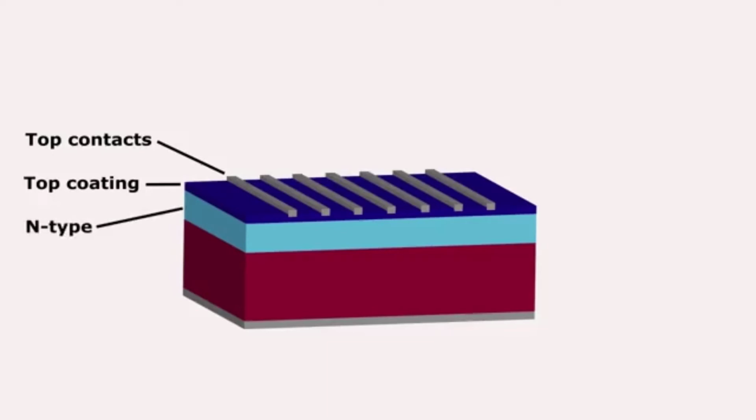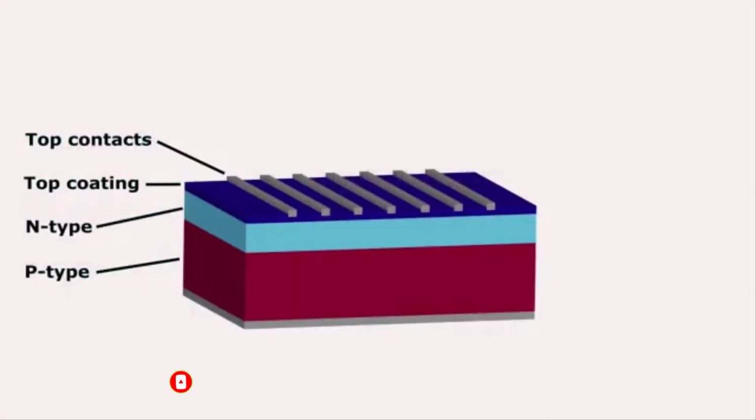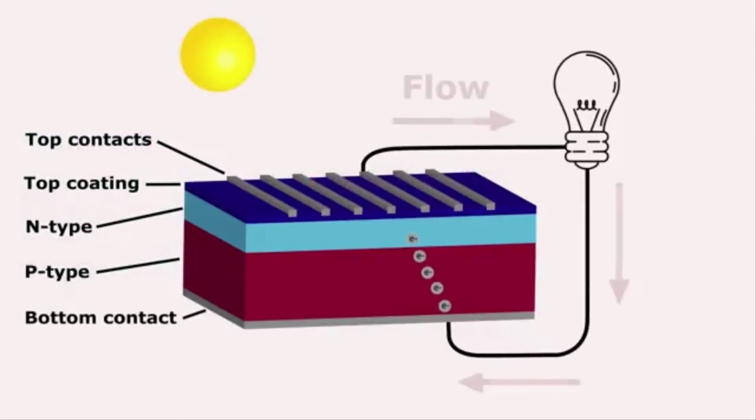The upper part is the N-type region that was doped with phosphorus, and the lower part is the P-type region, which was doped with boron. The area where the N-type and the P-type regions meet up is referred to as the NP junction. Lastly, on the bottom, there's another contact that will complete the circuit. So electricity flows from the top through the system and then back to the bottom of the solar cell.